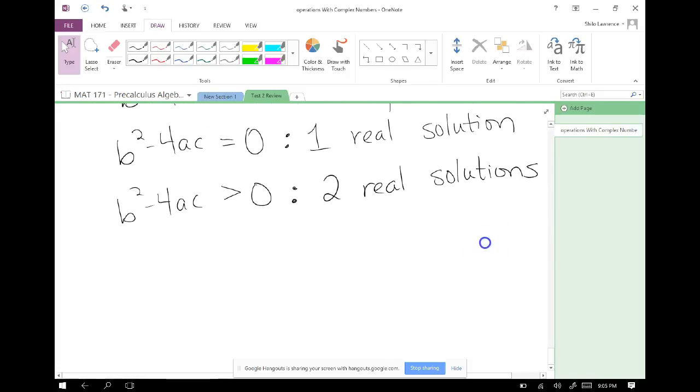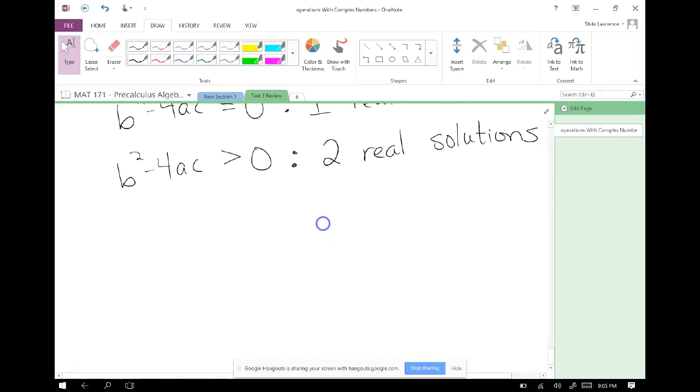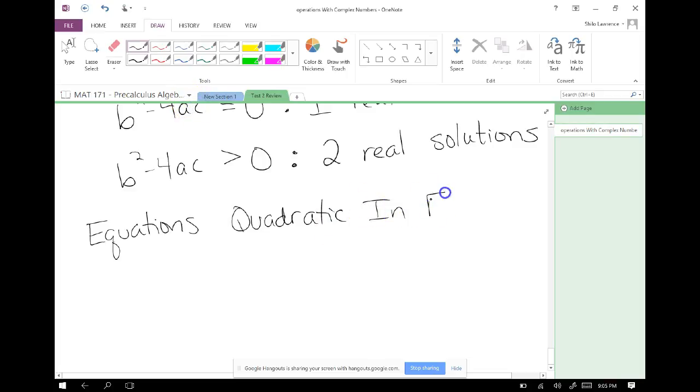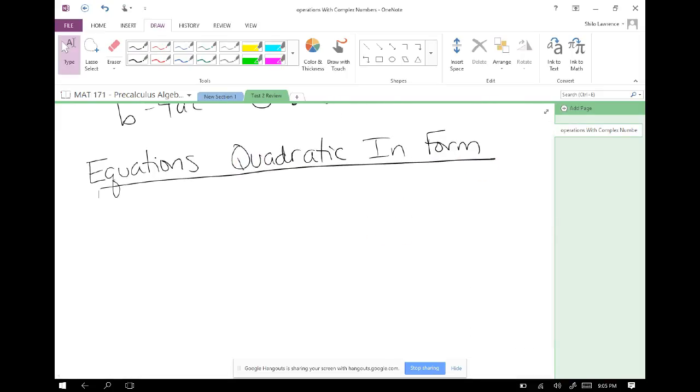And then the last part of section 2 is the equations that are quadratic in form. So for these equations, the format looks very similar to a quadratic equation. And the format is that it's a trinomial.